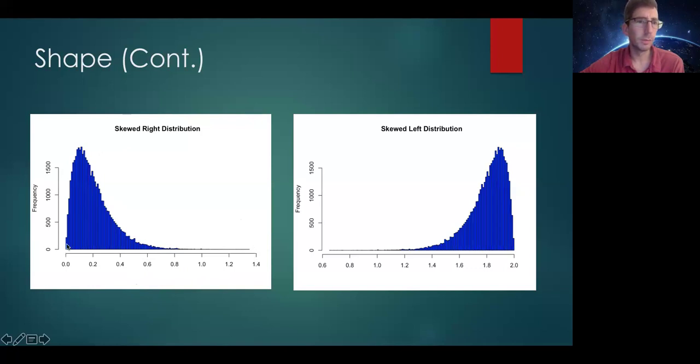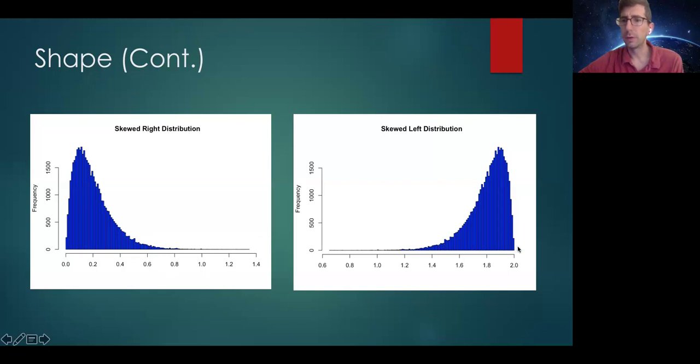So you can see most of your data has high frequency right around here, and then you have a very few number or very few frequency of very large values that go out to the right. So if you see distributions that look like this, it's called skewed right.